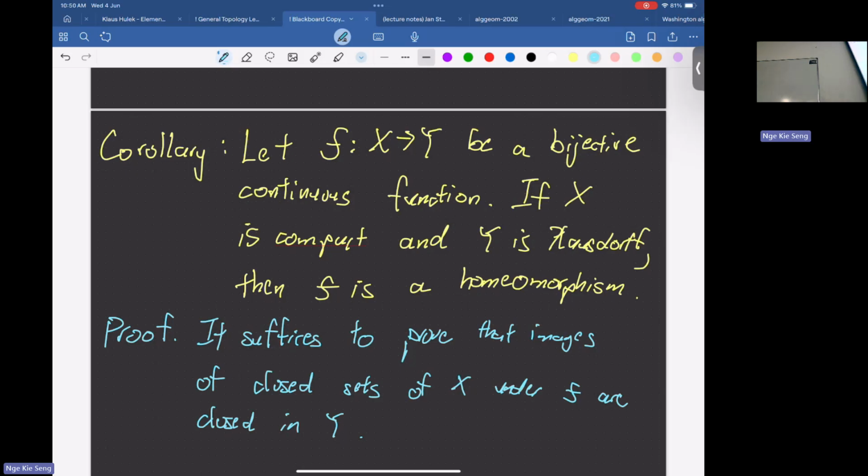So now we want to do the other way around, right? If U is open in X, then F(U) is open in Y. But now we change the word open to closed because this is the equivalent definition. Last time we showed this TFAE, a few equivalent definitions of continuity. Why is closed useful here? Because previously we were dealing with closed and compact, right? So that's why we choose the closed definition here.